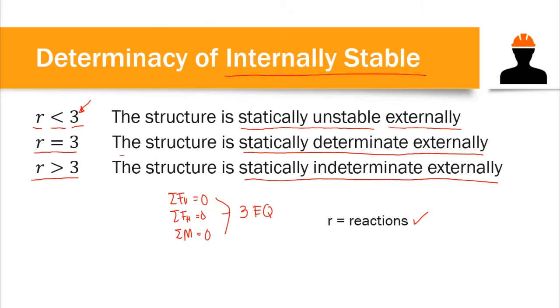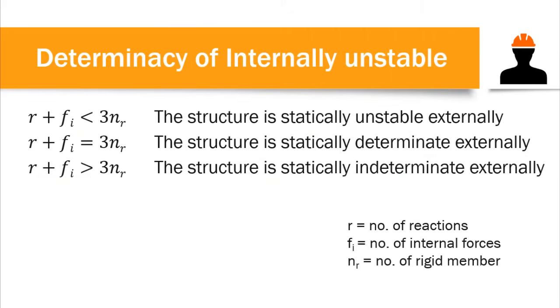But what if we have an internally unstable structure, one that includes internal hinges or an internal roller in our members? We just need to follow this formula: R plus Fi. R is still the number of reactions, and Fi is the number of internal forces.